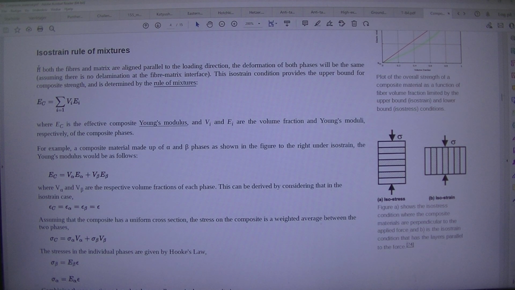Figure A shows the isostress condition where the composite materials are perpendicular to the applied force, and B is the isostrain condition that has the layers parallel to the force. 74, where EC is the effective composite Young's modulus, and V and E are the volume fraction and Young's moduli, respectively, of the composite phases.